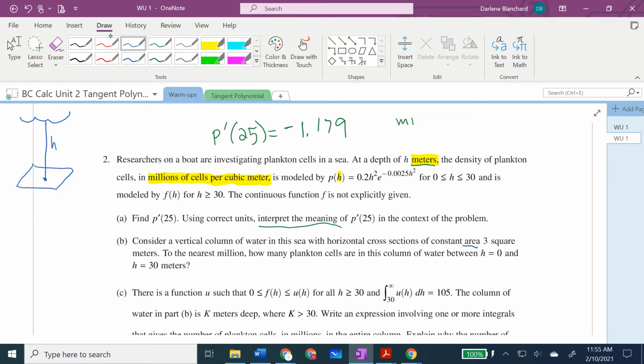But volume is found by taking a teensy tiny change in height, and that will be our dH, our differential of the integral we need to set up to find what we are looking for. We are looking for how many plankton cells there are when we are given the density per cubic meter.